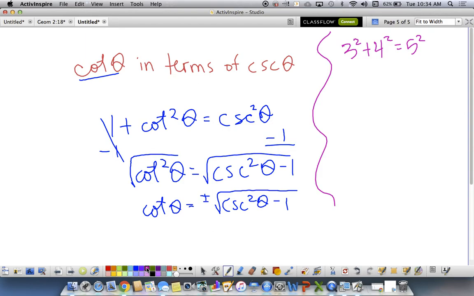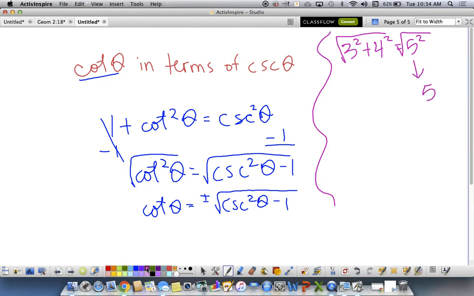Does everybody know this fact? A right triangle that's a 3, 4, 5 has 3 squared plus 4 squared equals 5 squared. How do you know that's true? 9 plus 16 equals 25. Now I'm going to take the square root of both sides. When I take the square root of 5 squared, I'm left with 5.